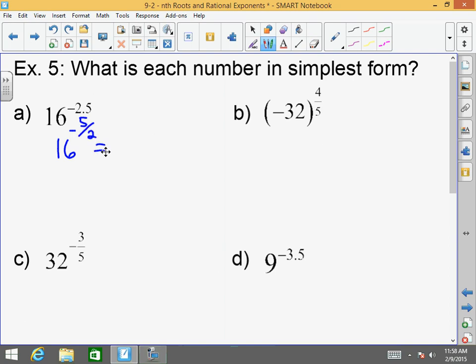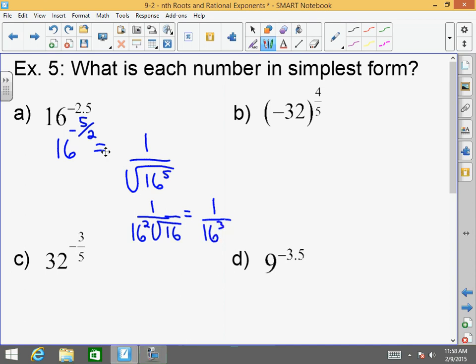Which really equals 1 over the square root of 16 to the 5th. However, I have 5 sets of 16. 5 divided by 2, I can pull out 2 of those sets of 16. So I've got 1 over 16 squared times the square root of 1 more 16 left.